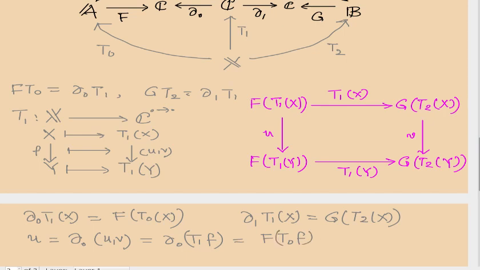So U is F T0f, and similarly V is partial 1 of T1f, so this is G of T2f.